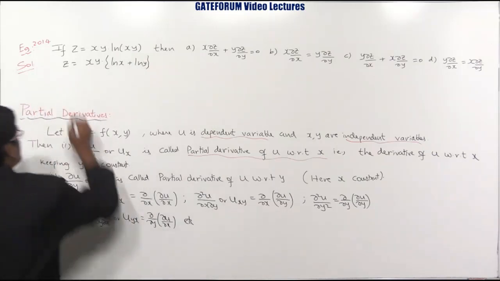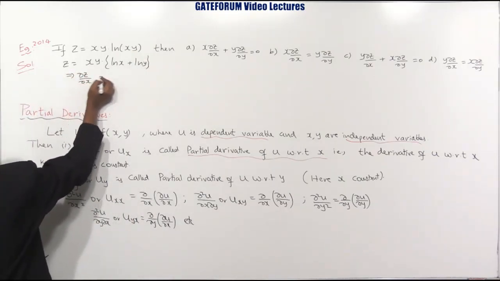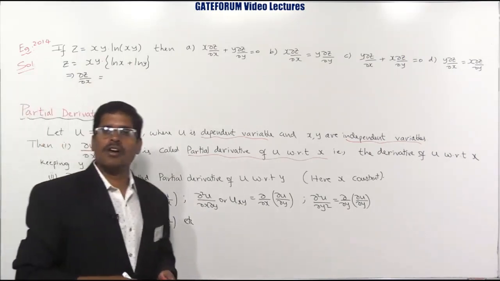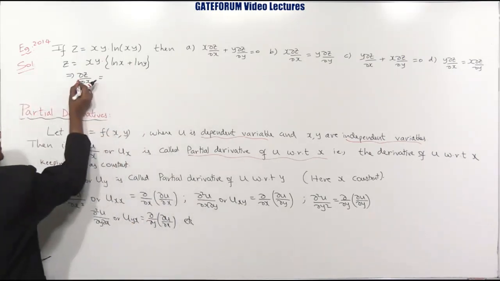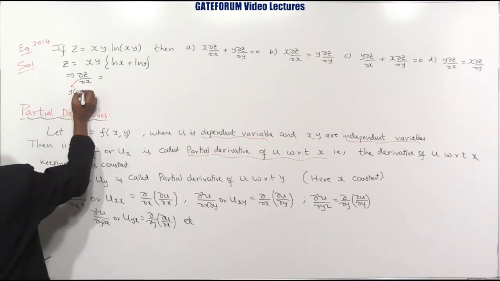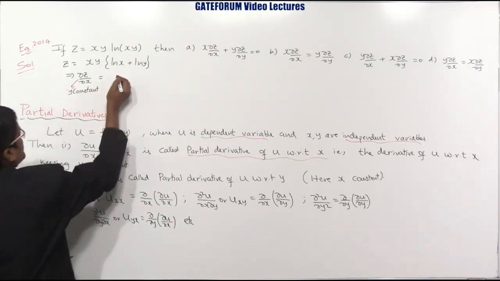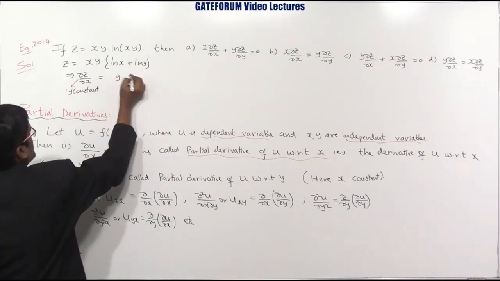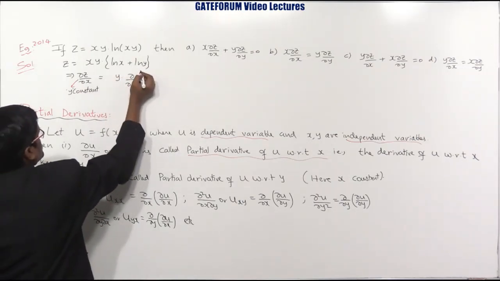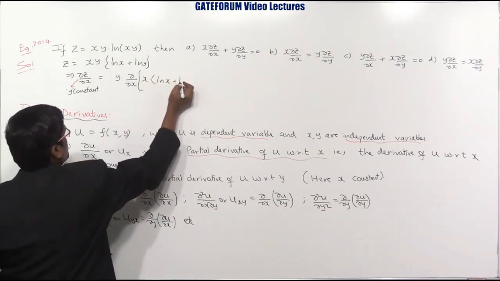Now, this implies ∂z/∂x. What is that? Partial derivative of z with respect to x. Automatically in this case, y is constant. So y into the remaining x terms, ∂/∂x of x into (log x plus log y).